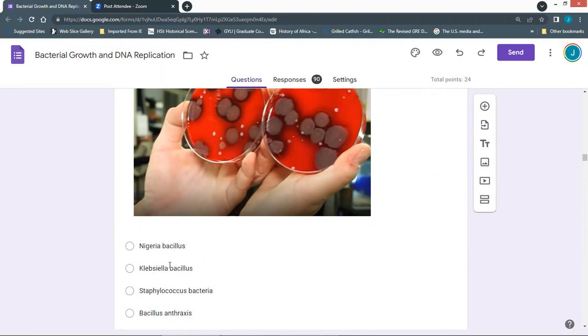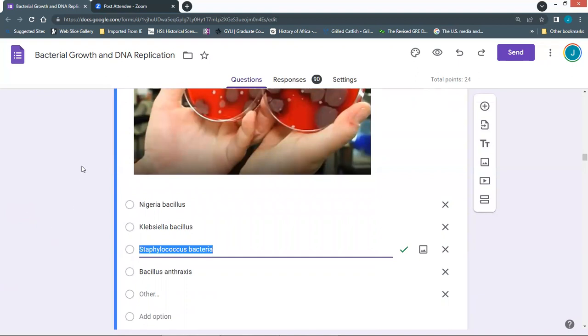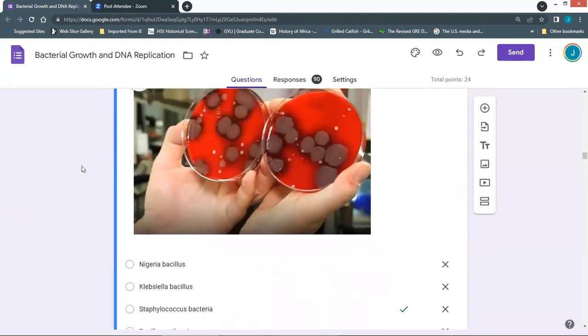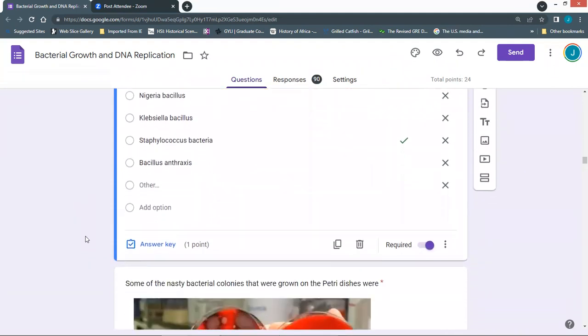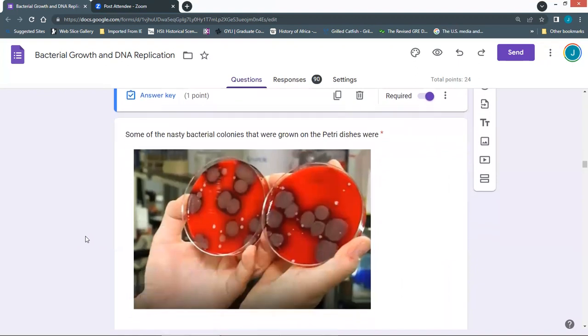Either way, the nasty bacteria that were similar to these names in the video were pneumoniae, not bacillus. And the particular one that this person talked about for a bit in the video was Staphylococcus, Staphylococcus pneumoniae, to be exact. So that's the answer there.